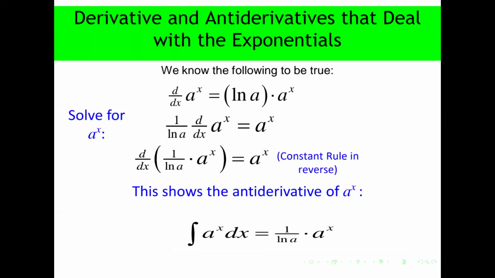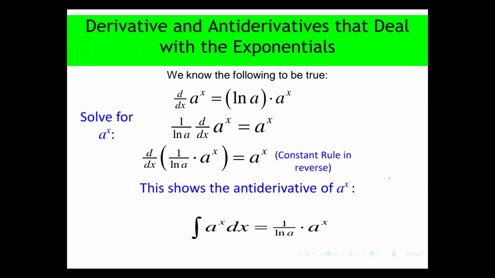Now, we know that we could still work with this antiderivative, and there is what you call the constant rule, which is basically the reverse. This is now when we're dealing with some exponential functions. These are rules you need to remember. If you have the derivative of a to the power x, because we know that with exponential functions the number is on top and the variables are raised as powers.